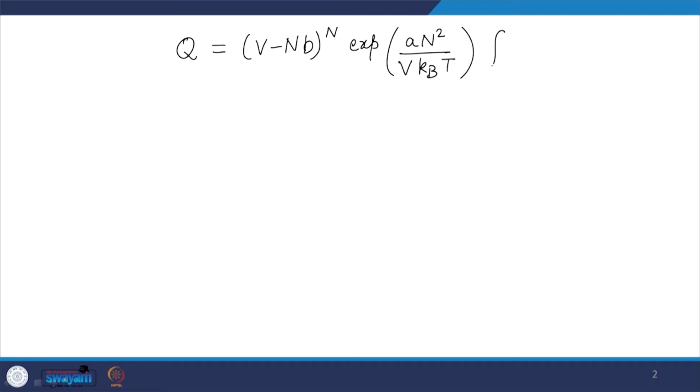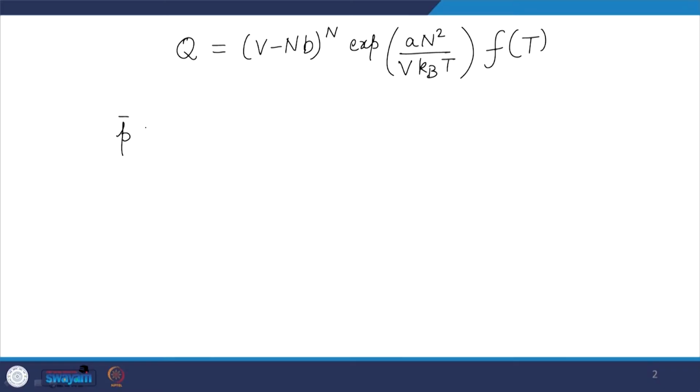So let us first start with the equation of state for a dense gas model. So my q is now (V minus nb) to the power n, exponential of a n squared by V kBT, multiplied with some function of T as we had right here.